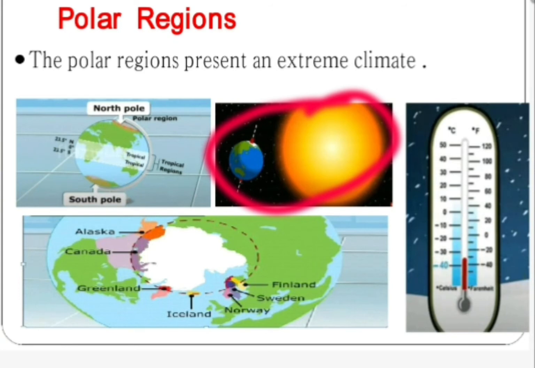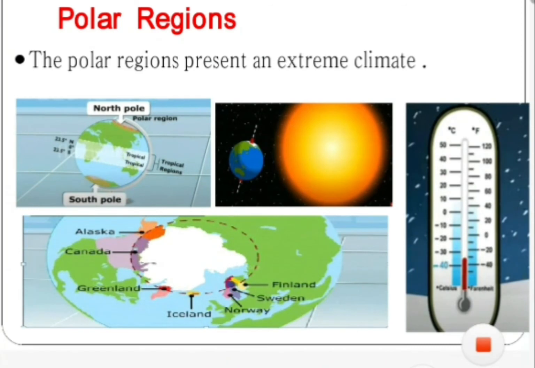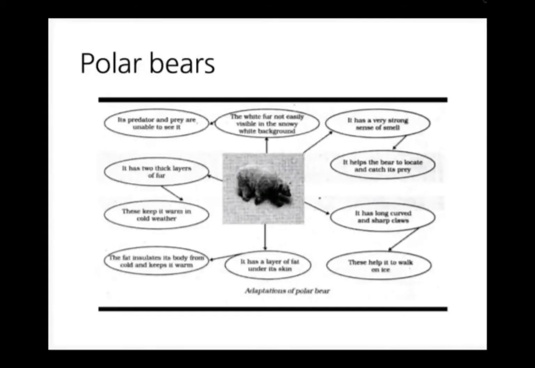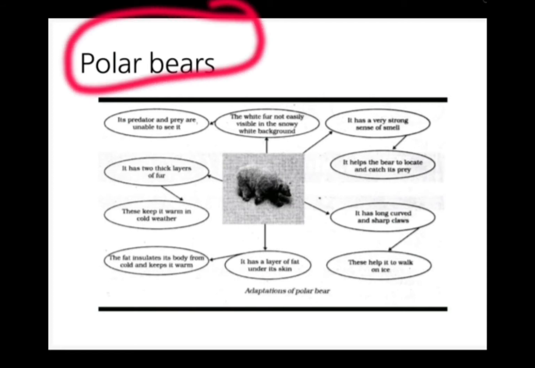In winter, the temperature can be as low as minus 37 degrees Celsius. Animals living there have adapted to these survival conditions. Let us see how they are adapted, considering the examples of polar bear and penguin.